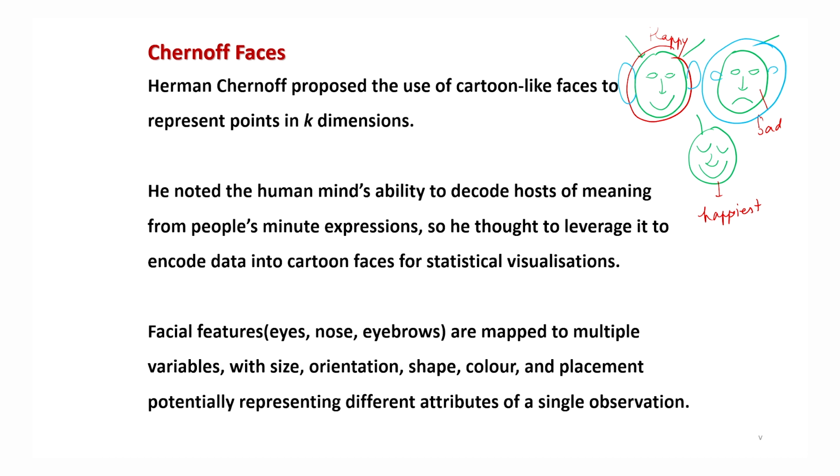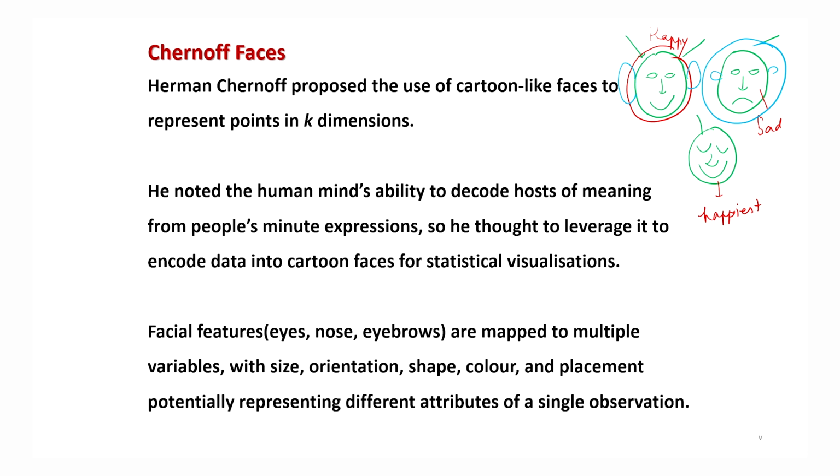You can very easily find whether your friend is happy or not today. You can look at faces and decide whether the person is crying or laughing, right? So this was the idea which was thought to use to represent multivariate data.